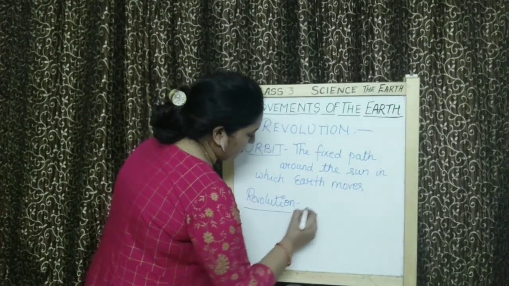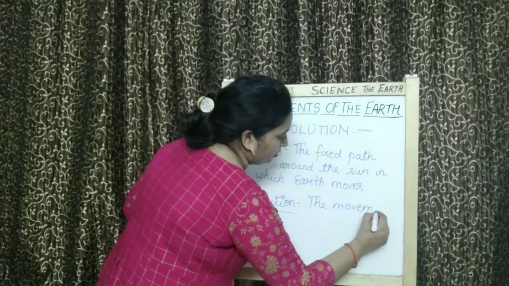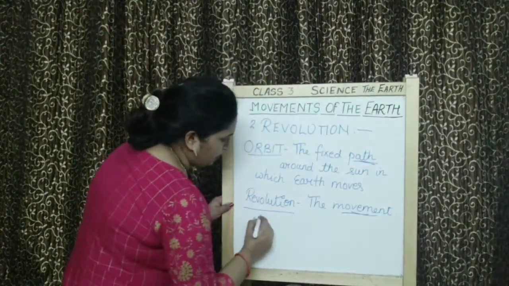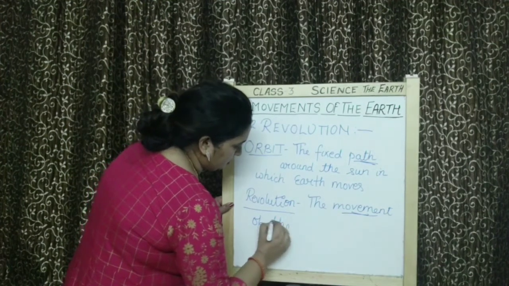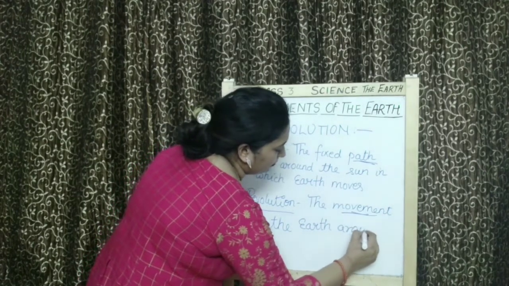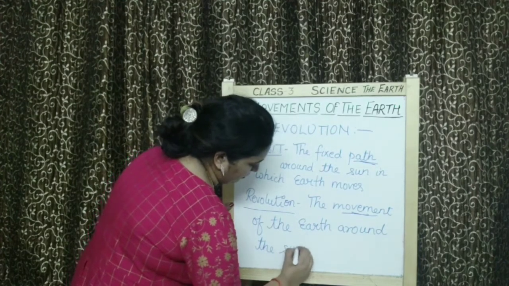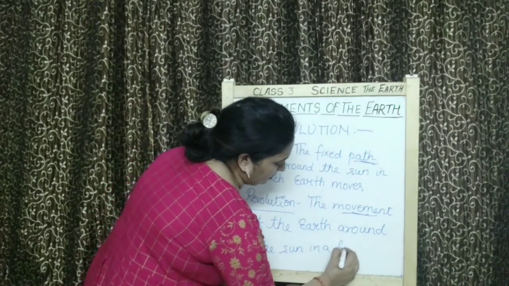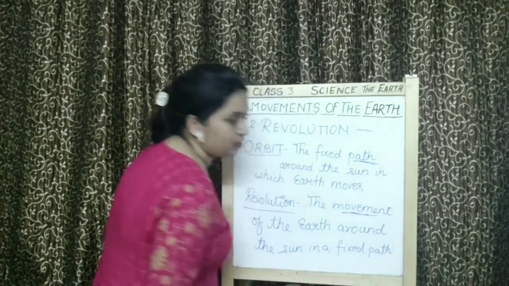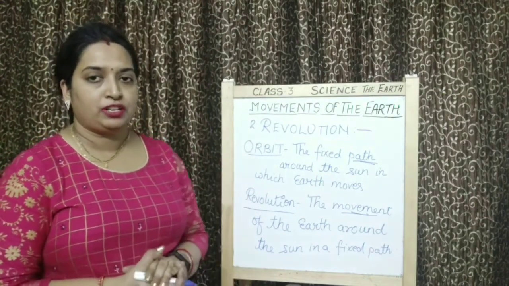Revolution is the movement. You are seeing here, this is path and this is movement. Movement of the earth around the sun in a fixed path. Okay children, so that is about orbit and revolution.